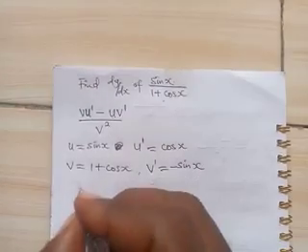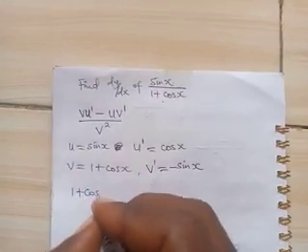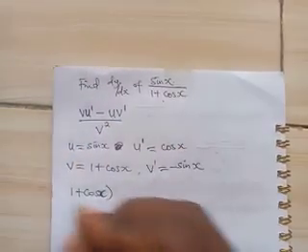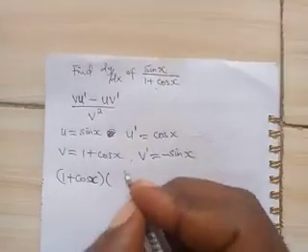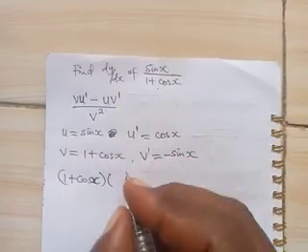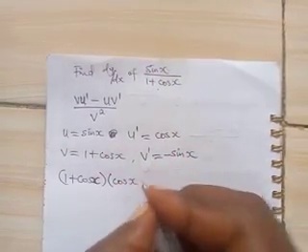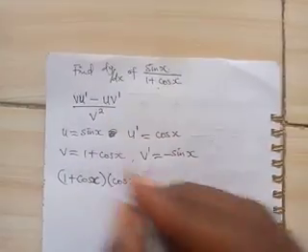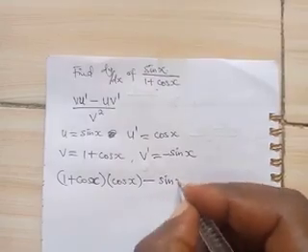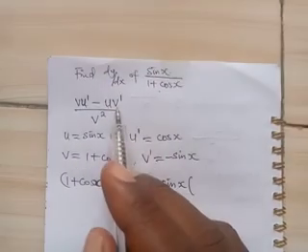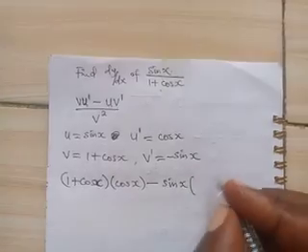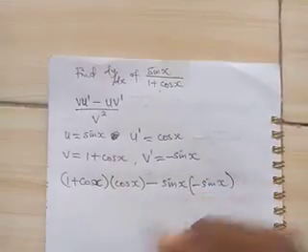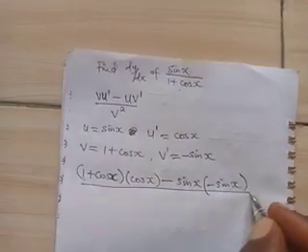We can now plug it into this format. Our v is 1 plus cos x. Our u prime is cos x minus our u is sine x. Our v prime is negative sine x. Now, over v squared.